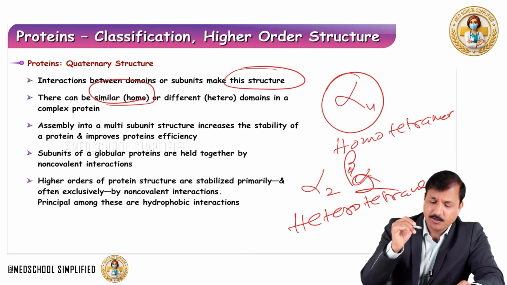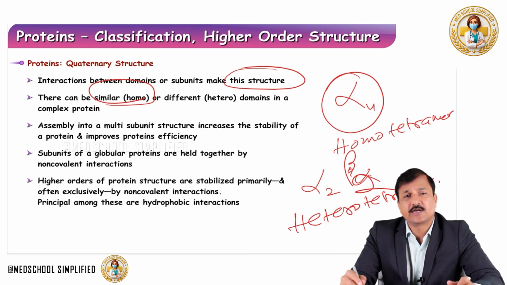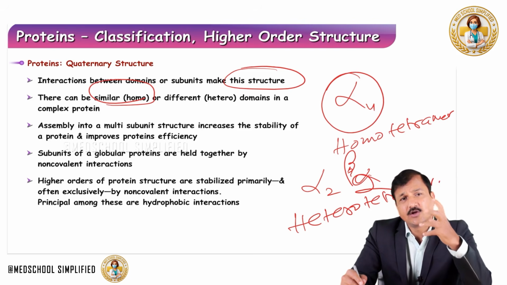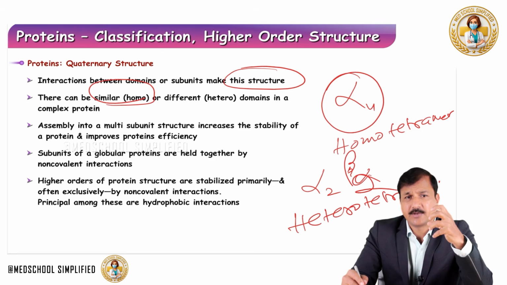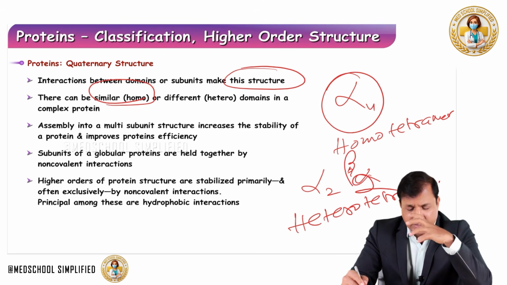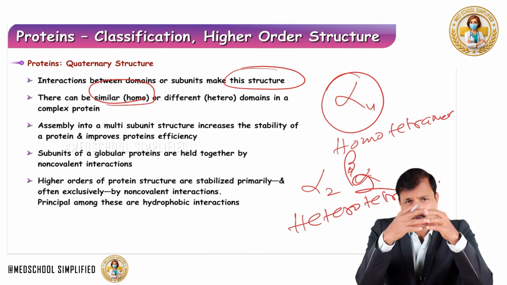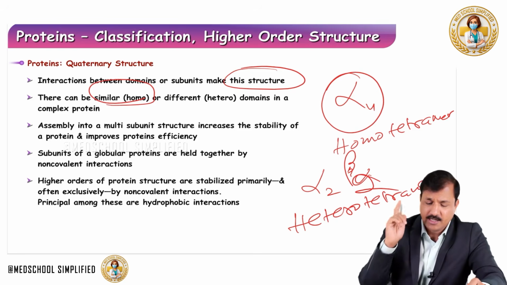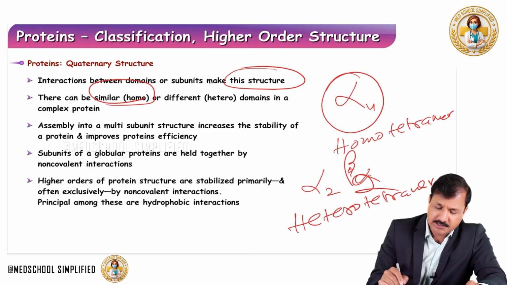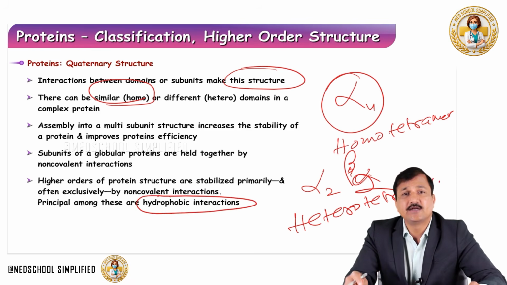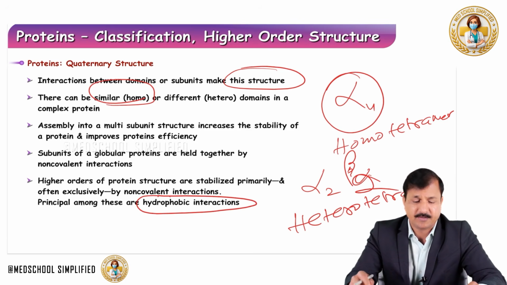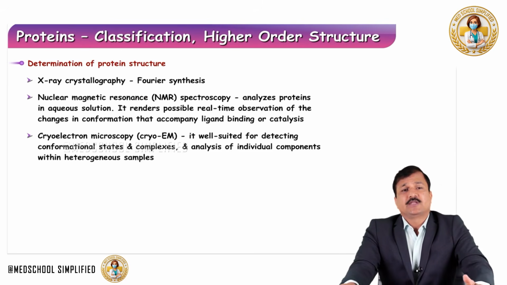Any protein that has a quaternary structure has higher stability and also higher efficiency. Remember that. And out of all these non-covalent interactions holding the subunits together, the most important or principal one is hydrophobic interaction. Remember that.